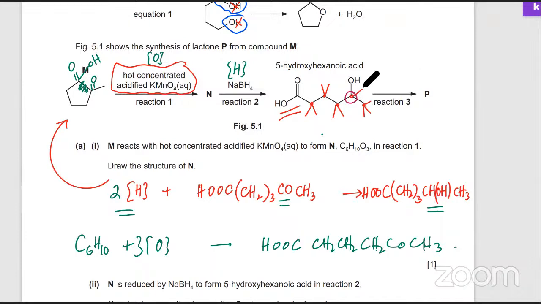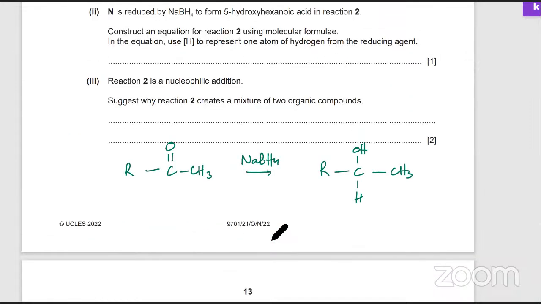ठीक है. In this case, what is getting produced is a chiral molecule. This molecule over here is chiral. So इसका मतलब it's got stereoisomers. It's got two different optical isomers that are getting produced. यानी यहाँ पे ना, when a ketone gets reduced, in this particular case, the molecule that is produced has 4 different groups attached to it.